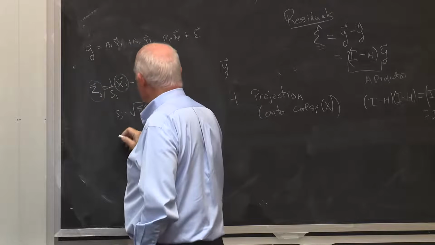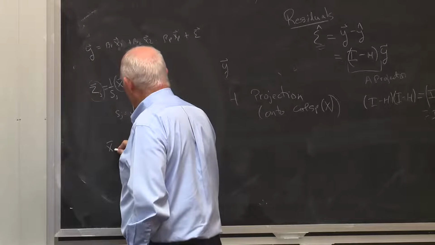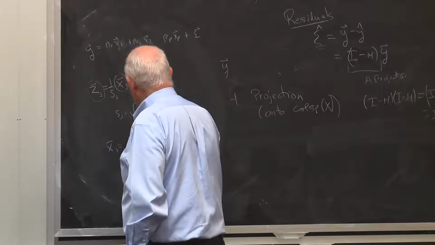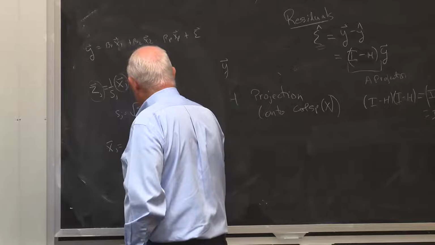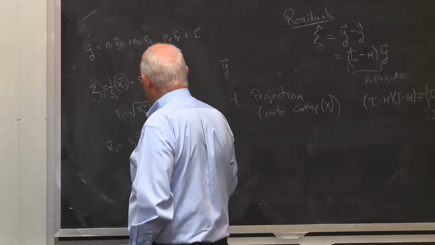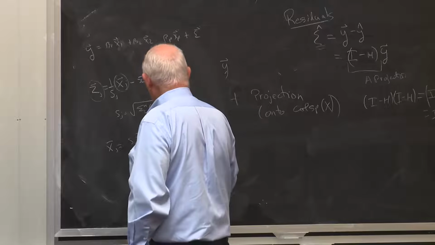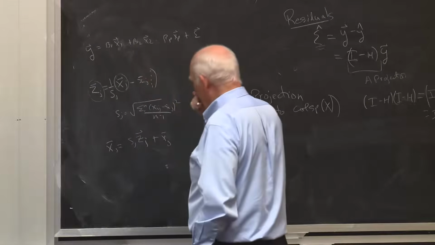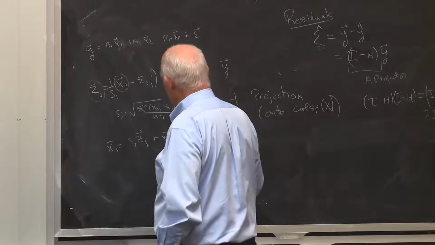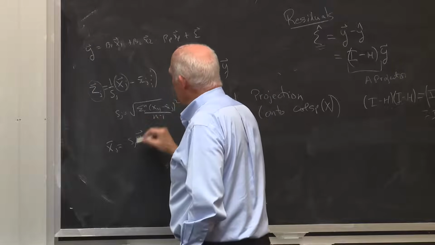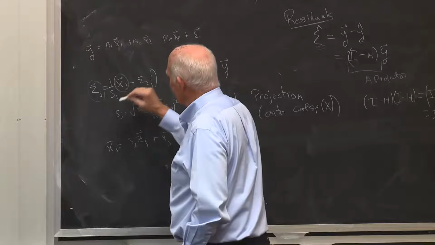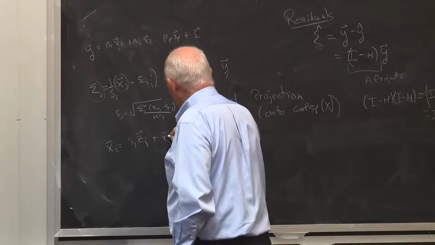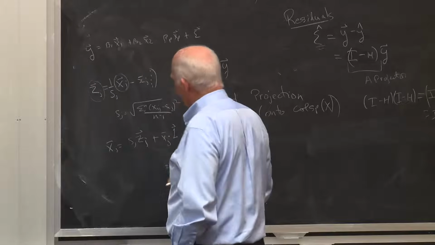So xj is equal to Sj zj plus x bar j times the vector of 1s.